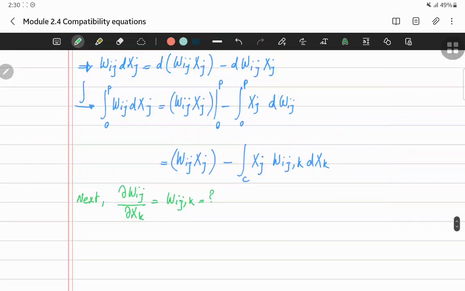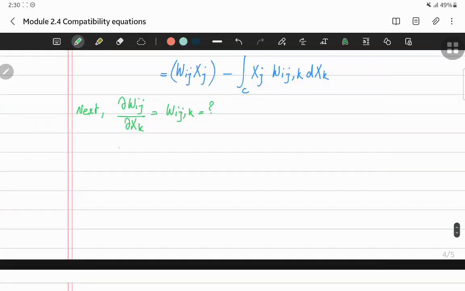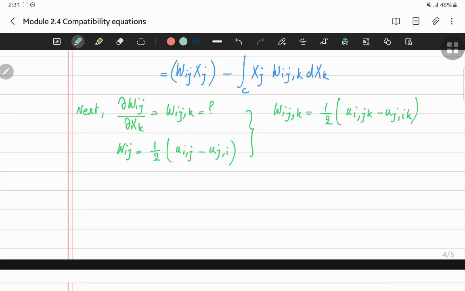So we know that wij is basically half of ui,j minus uj,i. This is the rotation tensor, if you remember. So if we do this, then wij,k is nothing but half of ui,jk minus uj,ik.